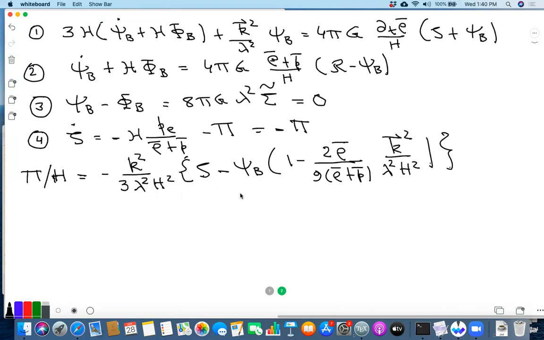Another point I want to say at this stage is that whenever you talk about a time derivative, if we want to make it dimensionless, the natural scale is H. H, which is the rate of expansion, has the dimension of inverse time.